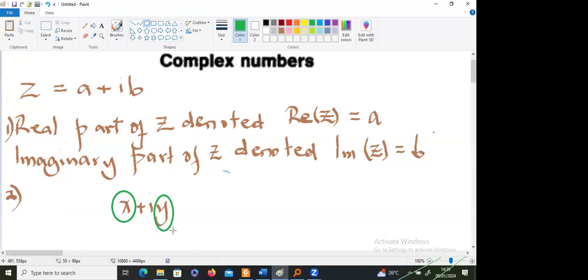That part is imaginary, the other part is real. So when I have a complex number, it has an imaginary part and it has a real part.